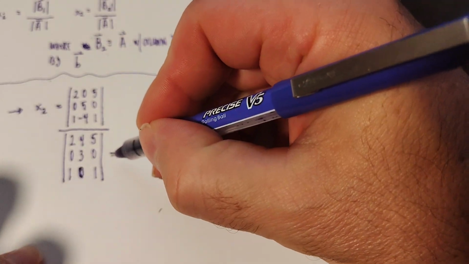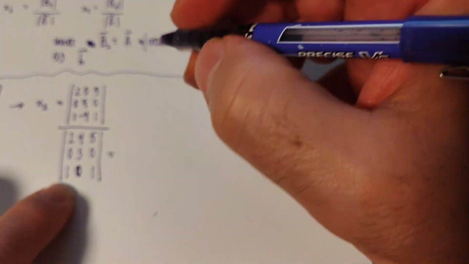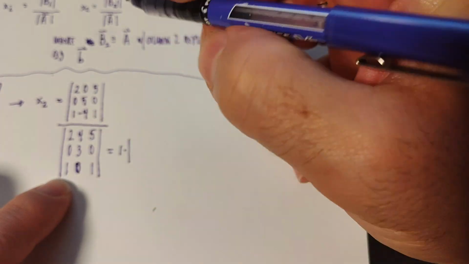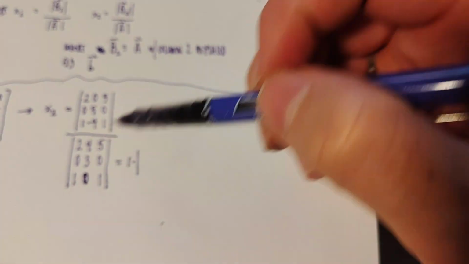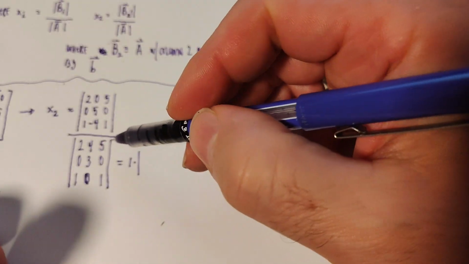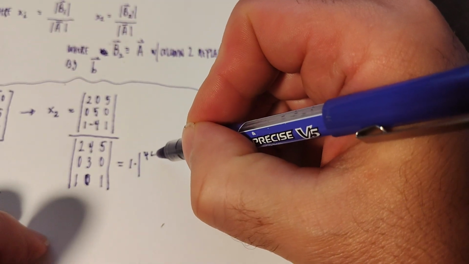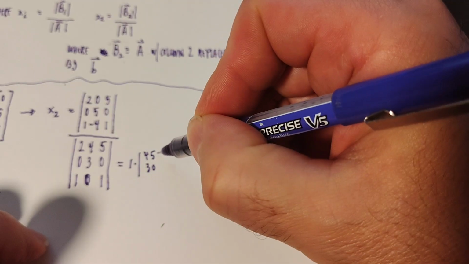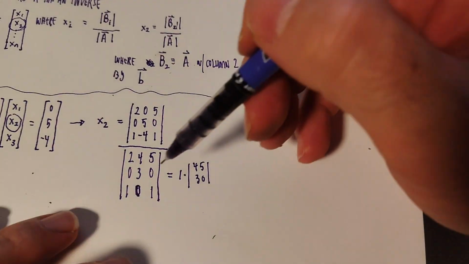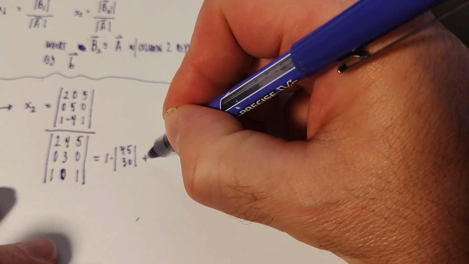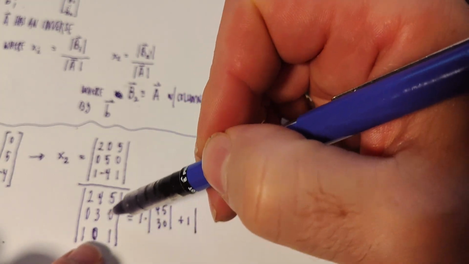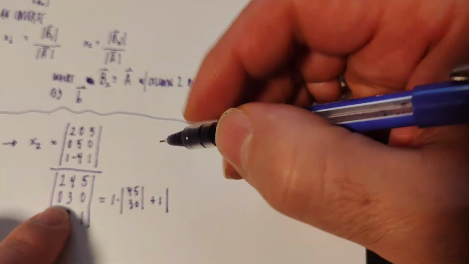So this will be equal to 1 times the determinant of, where we get rid of this column and that row, 4, 5, 3, 0, minus 0 times 0, which is 0, and then plus 1 times the determinant of, where we get rid of this column and this row, 2, 4, 0, 3.